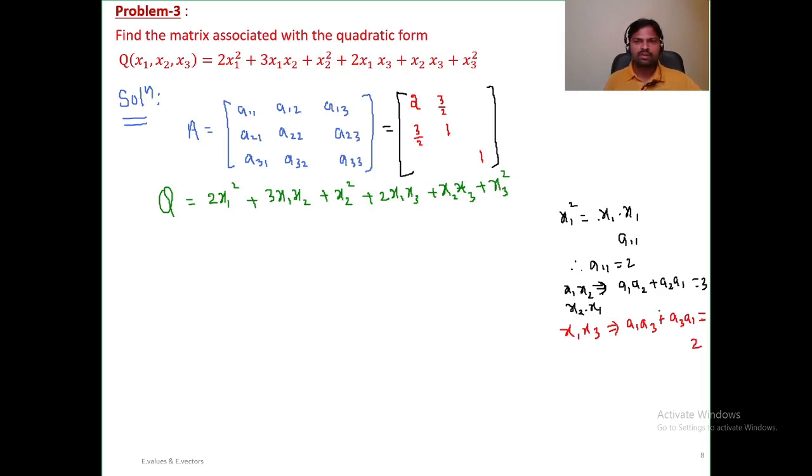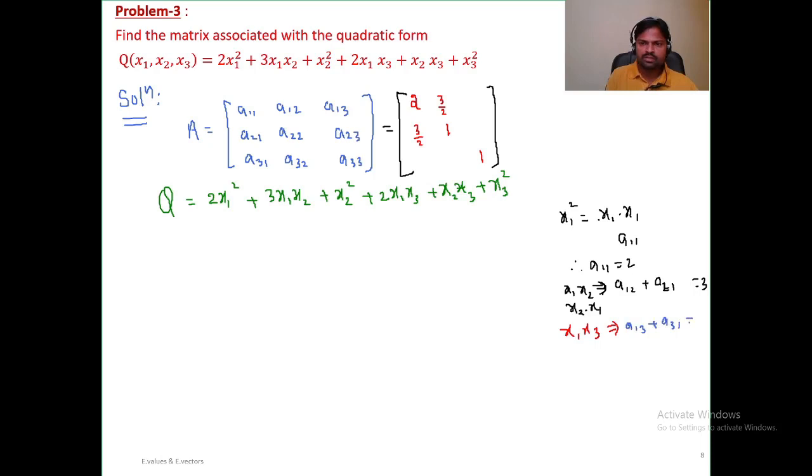What I need to write here is the same thing only, but we have to be precise. a12 plus a21, like this you have to write. Similarly here also, like this, x1 x3. So a13 plus a31.